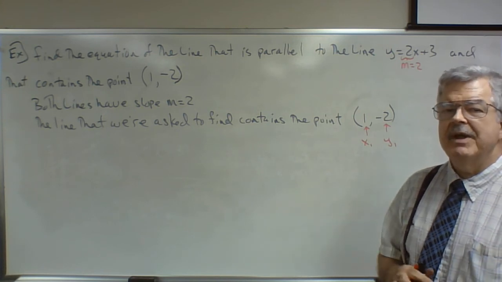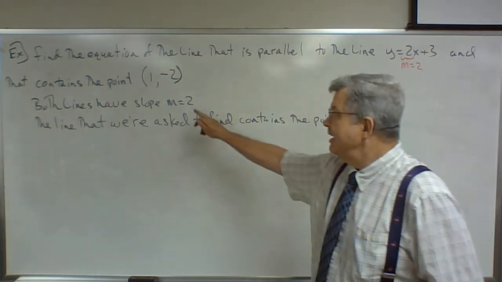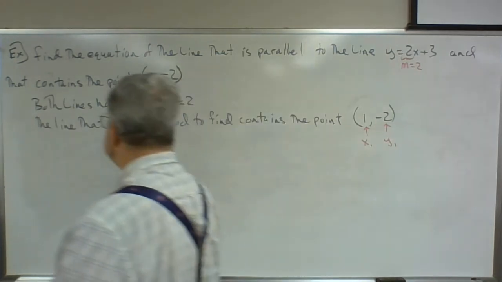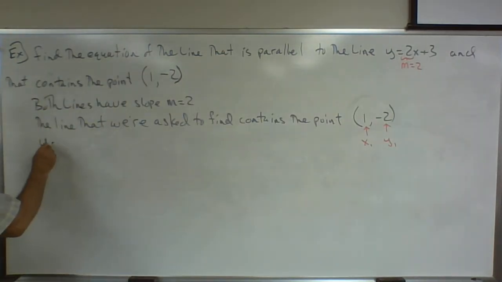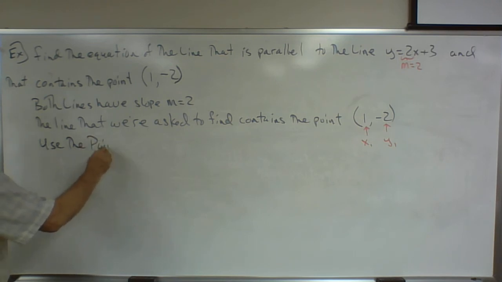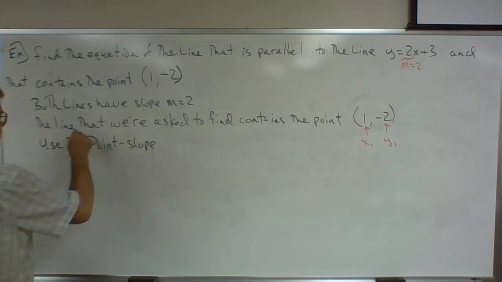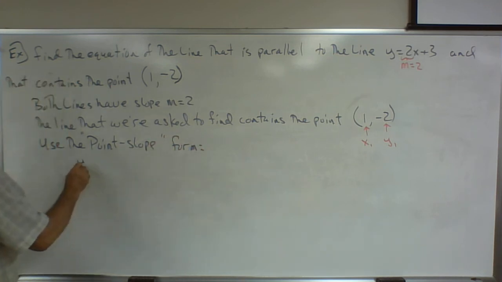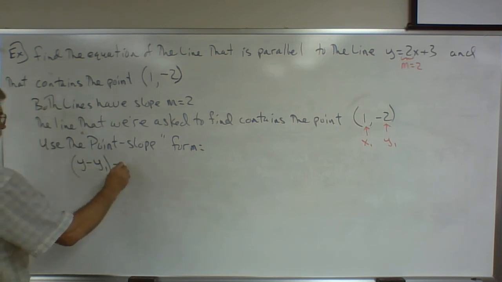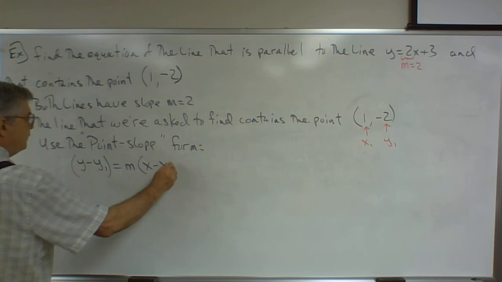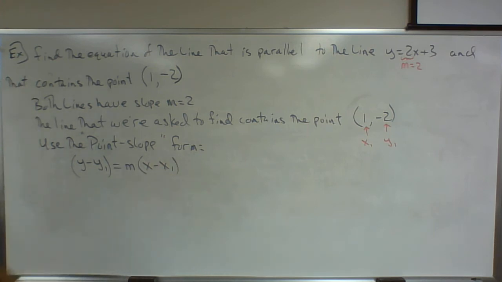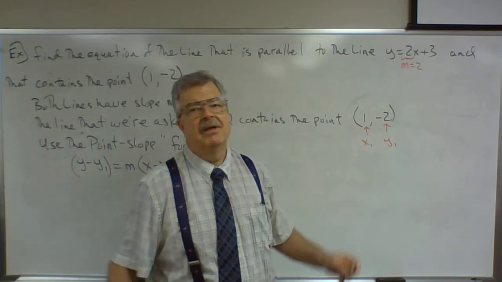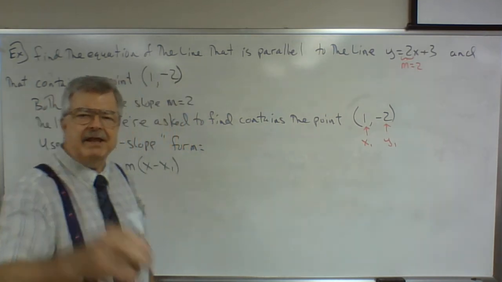When we're trying to find the equation of a line and we know a point on the line and we know the slope, that's the form of the line that we go to. y minus y1 equals m times (x minus x1). m is 2, x1 is 1, y1 is negative 2. We just plug those numbers in, turn the crank, and we got our equation.